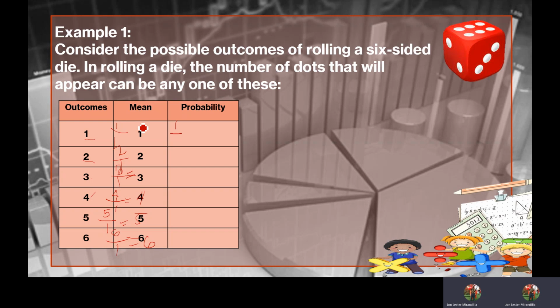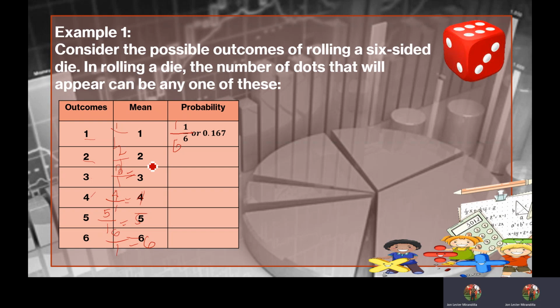Therefore, 1 out of ilang means? 1, 2, 3, 4, 5, 6. Yung total, 6. 1 out of 6, yung probability or posibilidad na lumabas si mean of 1. Therefore, in decimal form, 1 divided by 6 is equal to 0.167.